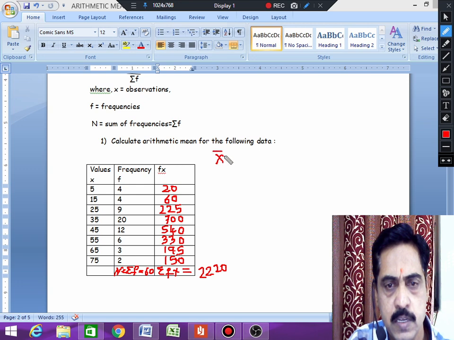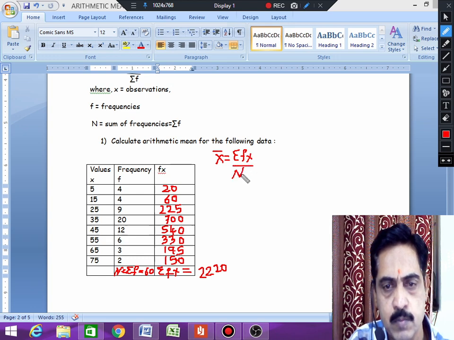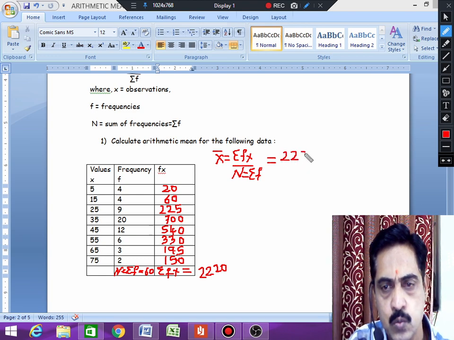X bar is equal to summation fx divided by N. I am writing capital N because it is nothing but summation f. So this equals summation fx, which is 2220, divided by 60.